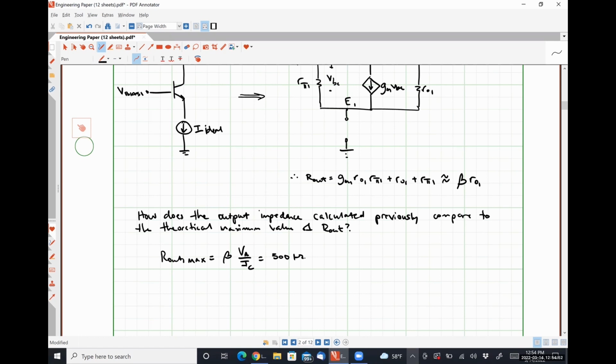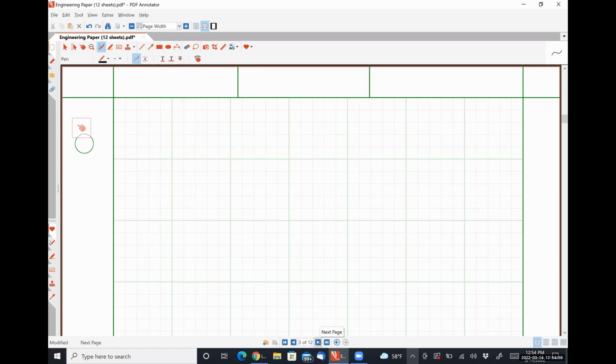All right, so now I want to talk about what are called false cascodes. So these are simply things that look like cascodes, but do not have that behavior.